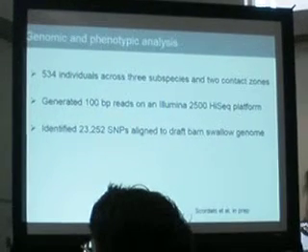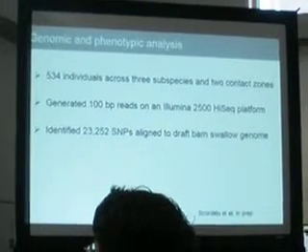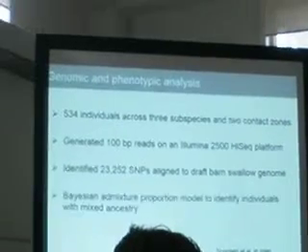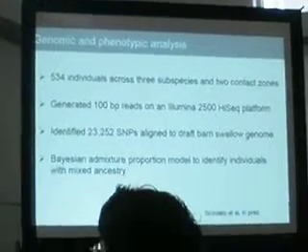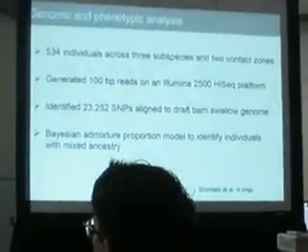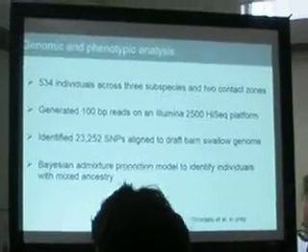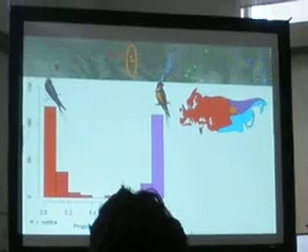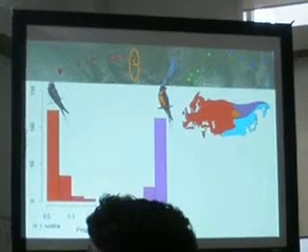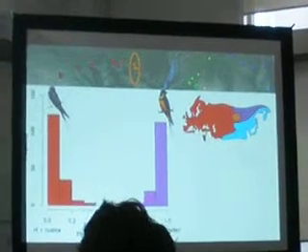We aligned more than 20,000 SNPs to the draft assembly of our barn swallow genome. And I'm going to show you the results of a Bayesian admixture proportion model to identify the ancestry of individuals across the transect. This frequency distribution shows you the proportion of admixture.